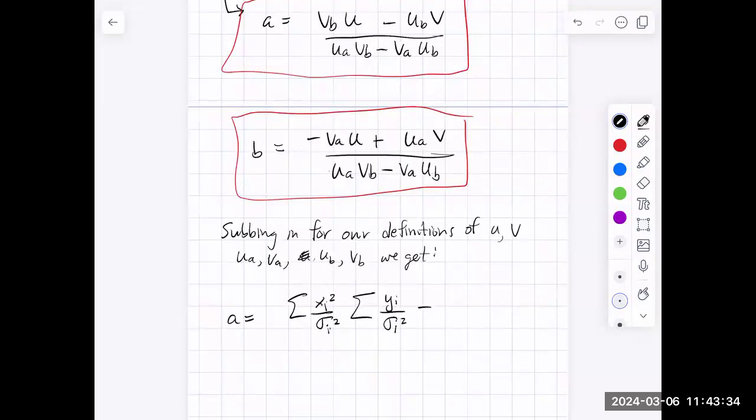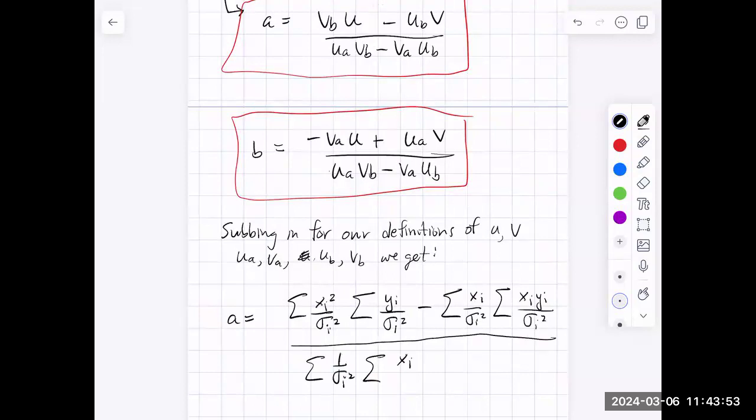And that minus something is going to be the xi over sigma i squared and xi yi over sigma i squared. And then we have to divide by this determinant. So it's 1 over sigma i squared, xi squared, sigma i squared minus.